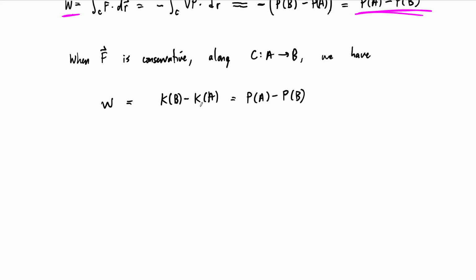And if we rearrange this by adding K of A to both sides and adding P of B to both sides, what we end up with is the following. I'm going to move the A's to the left-hand side.